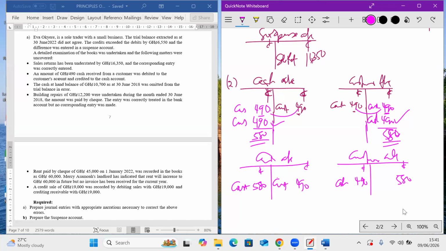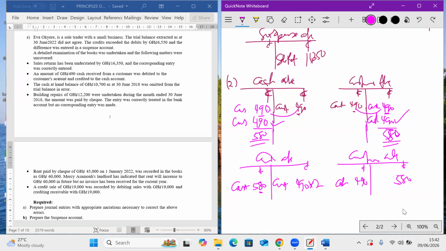Let me finish, please. No, I'm using a different method. Since I know the 490 here, if I record 490 on the debit side like the first one, it will cancel off the 490 and give me a zero account, after which I have to bring another 490. Why don't I just double the figure and write it there at once? So I double it and write on the debit side.